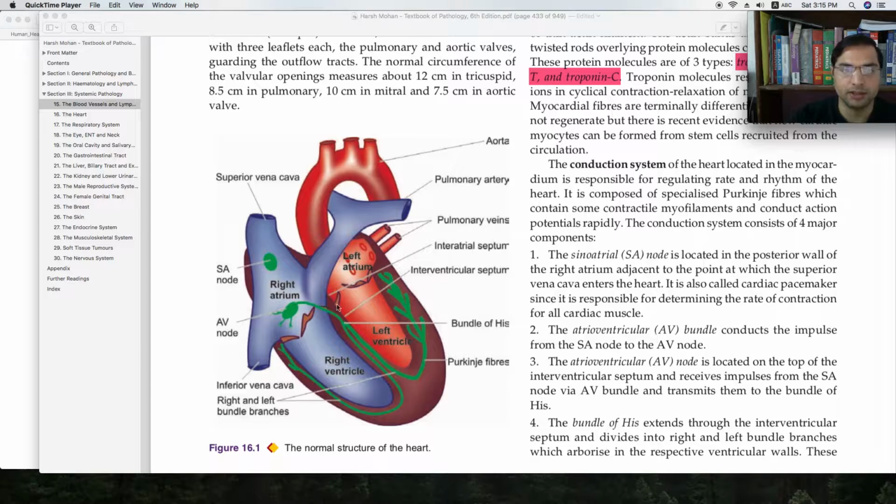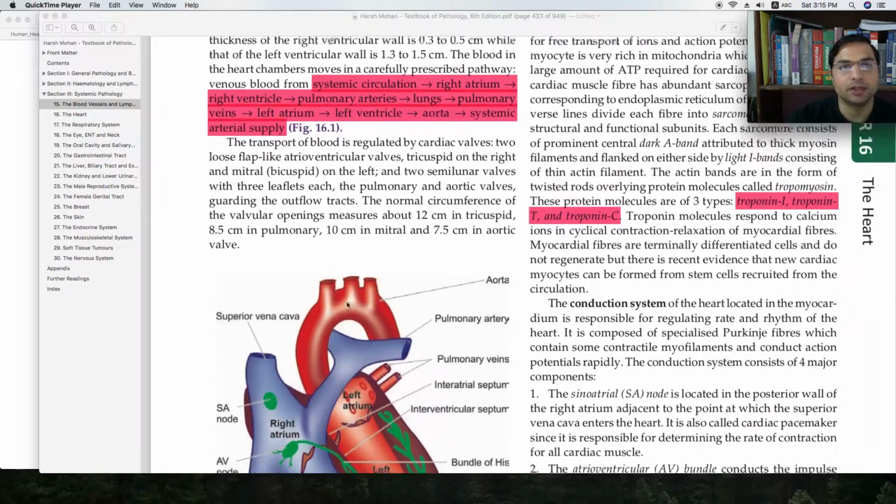The left side has a bicuspid valve, the mitral valve, whereas the right side has a tricuspid valve. So let us learn about the valves.